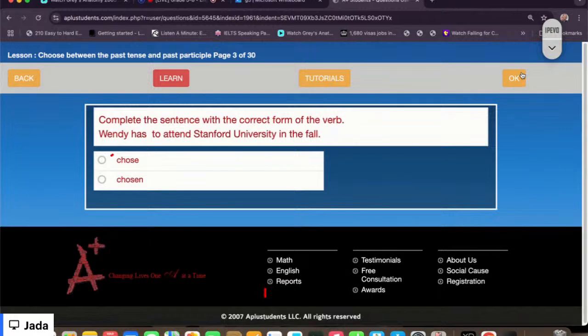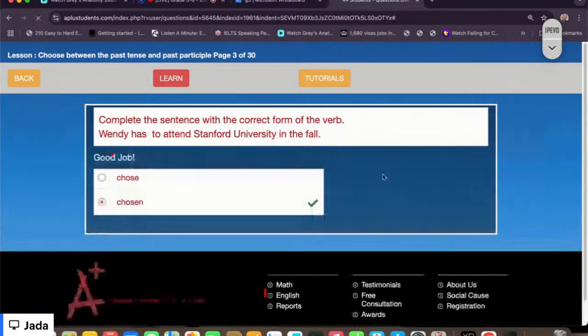So we have Wendy has chosen to attend Stanford University.